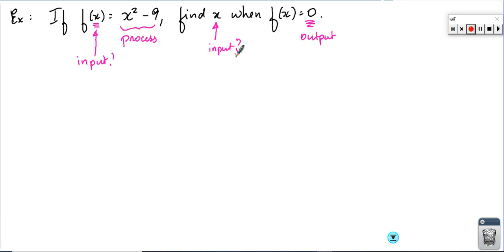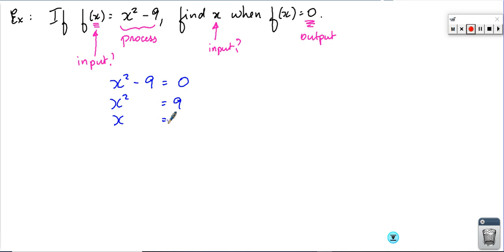So what do I have here? I know what is the process, and I know what it is equal to. So I know that x squared minus 9 is equal to 0. Solving this equation, x squared is equal to 0 plus 9, which is 9. So x is that number which when multiplied by itself will give you 9.